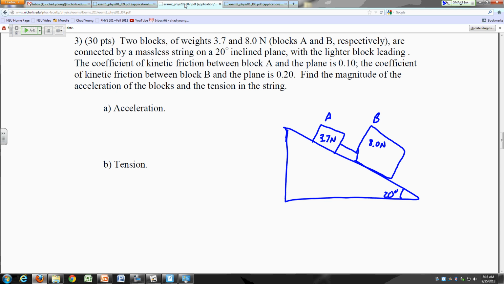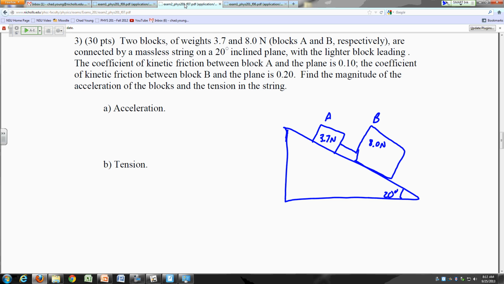Is the string massless? The string has negligible mass, so the mass of the string is a lot less than the mass of the block.